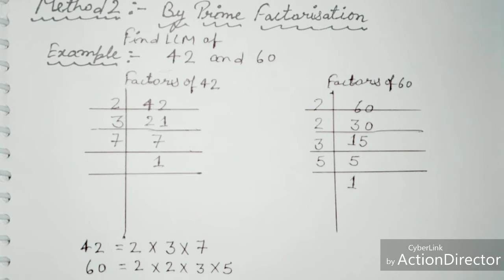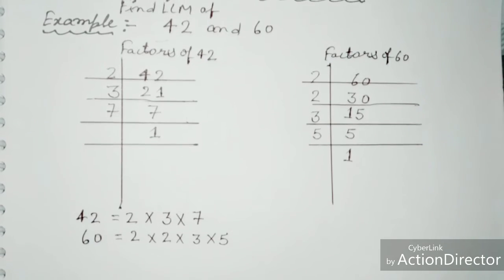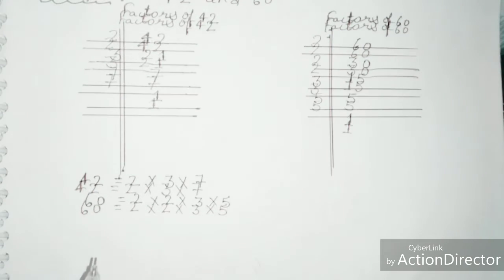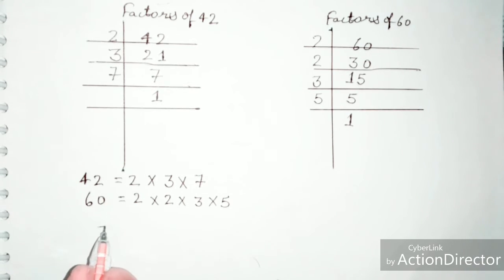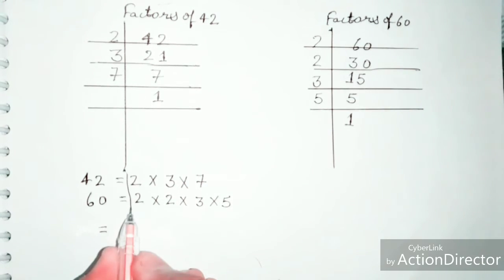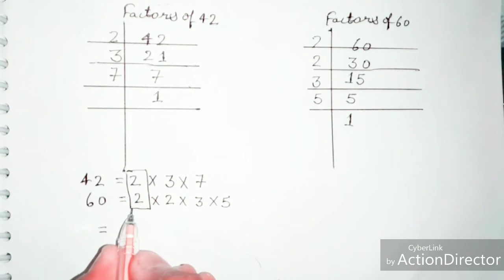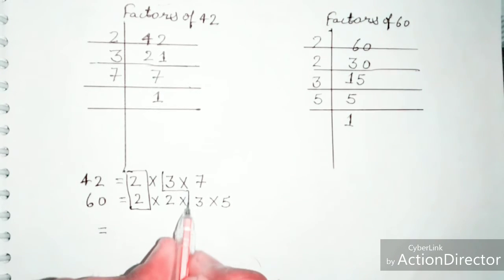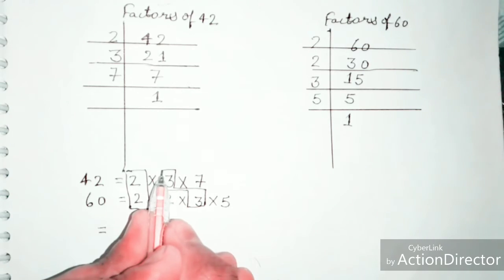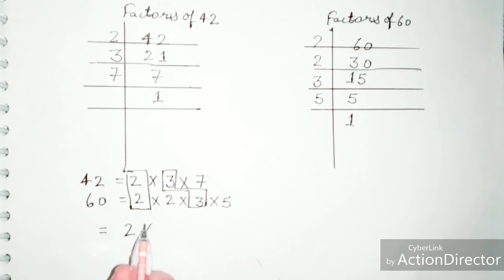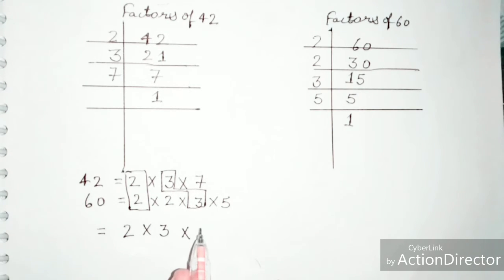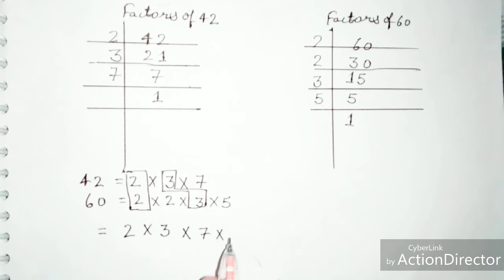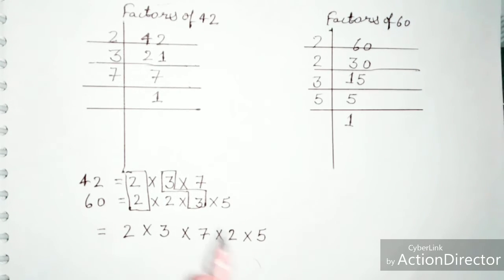Now first we write common factors. So the common factors are 2 and 3. 2 multiply by 3, and now we write extra factors, 7, 2 and 5.